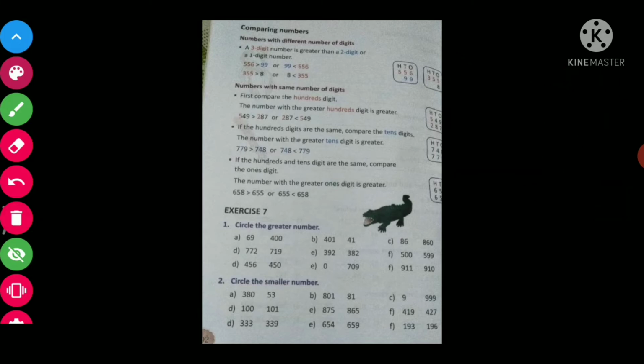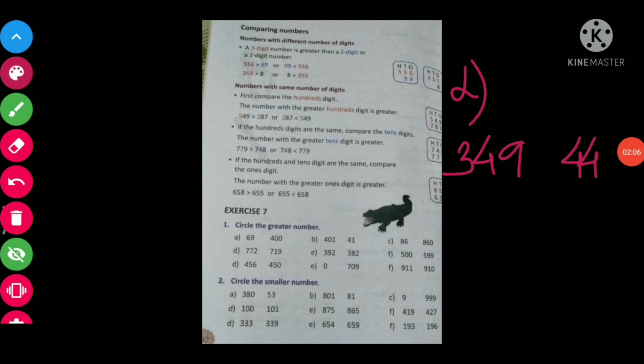Next rule is, we'll compare the 100 place value. If two 3-digit numbers are there, then first of all we'll see the 100 place value. For example, 349 and 449 are the numbers.